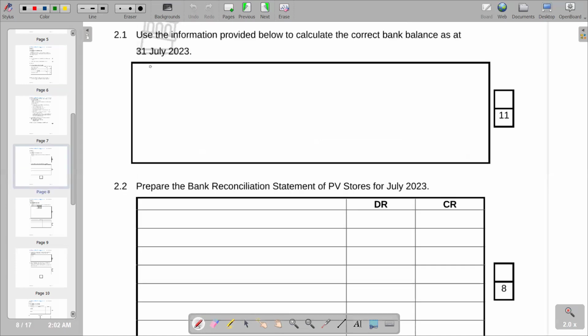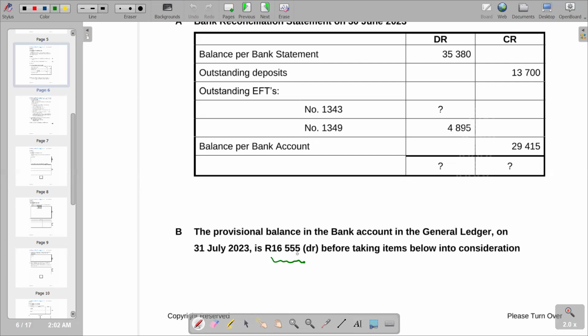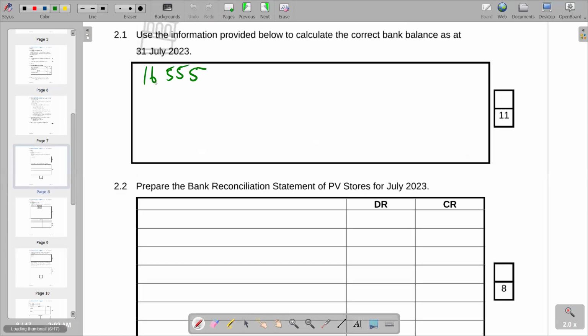If you go to the answer section, you'll see that 16,555 is our starting balance. But if you go back, you are going to see that this balance is a debit balance. If it's a debit balance, it means it's a positive balance, so all the other sections will also show it as a positive figure.